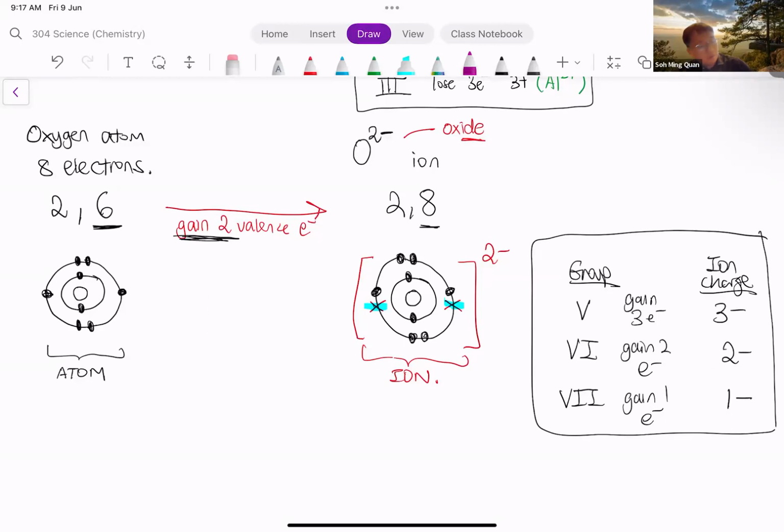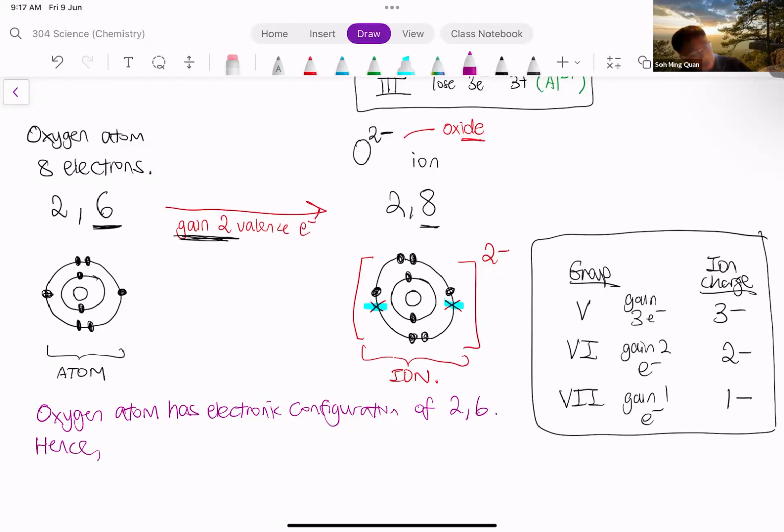Okay, so we have drawn it out, so now we also need to write it out in words. So what we started with is the oxygen atom has electronic configuration of 2,6.